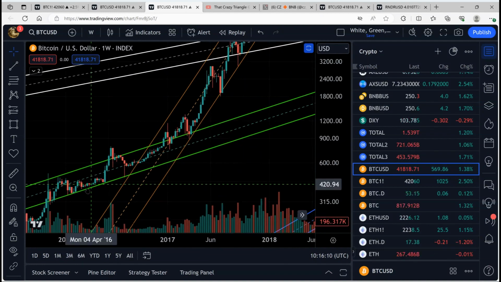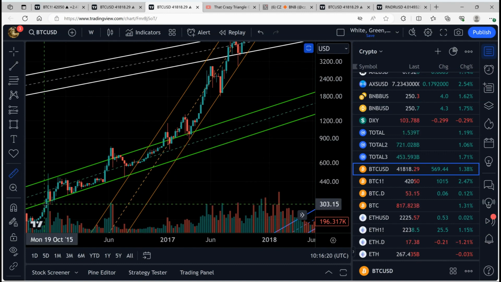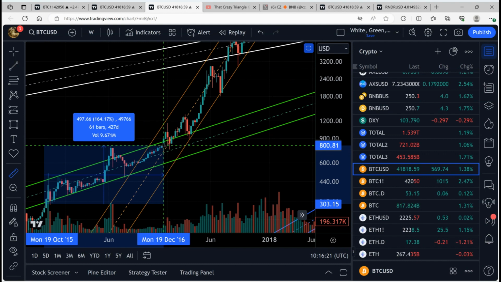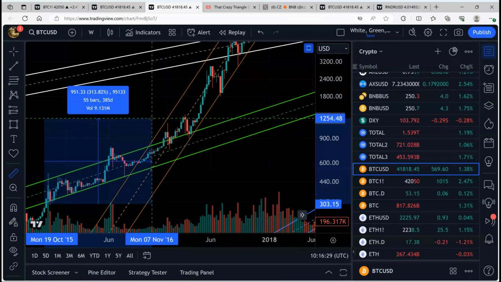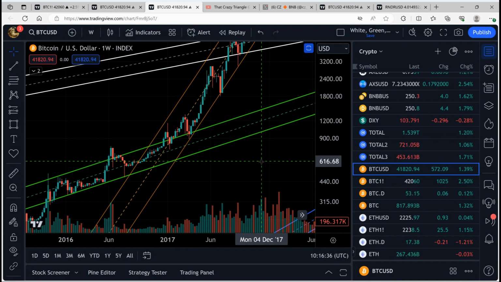I'm sure a lot of investors would be happy with a bull run following up with this green channel here. It'd be a pretty nice return on their investment. What is that? 170% return over about a year. That'd be a pretty nice investment for most people. I would be pretty happy with that, I think.